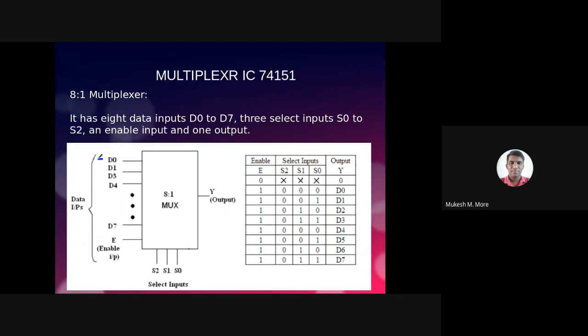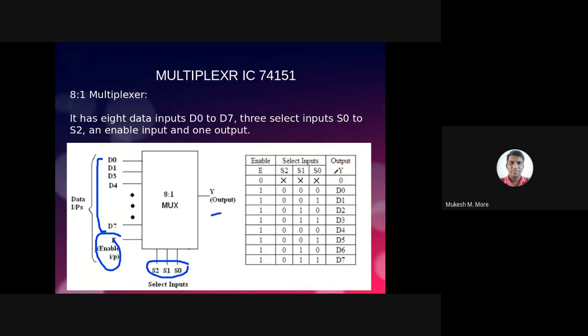D0 to D7, so we have 8 input lines. Enable input is there and select inputs are there. Output is there. Now there is a truth table of this IC 74151.